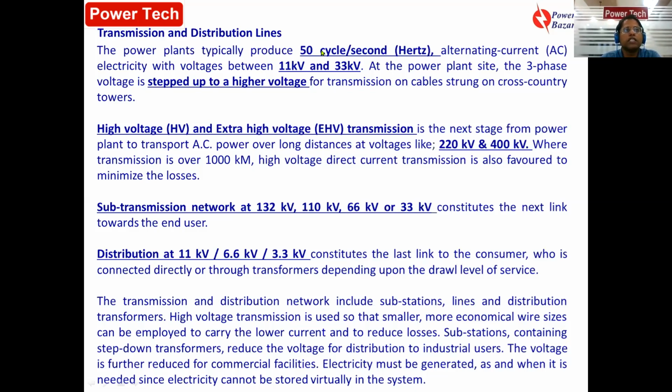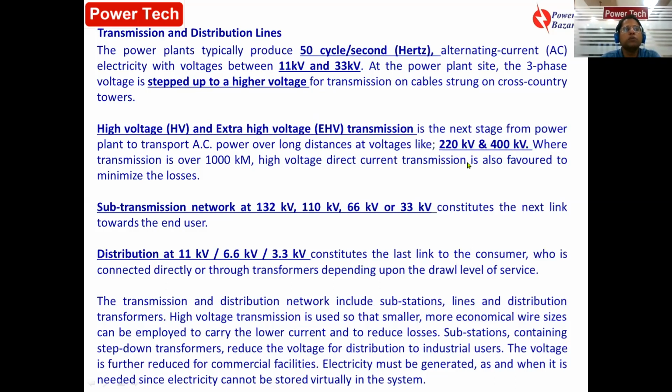So our system is 50 Hertz, alternating current and three-phase. But when you generate, it might be at 11 kV or 15 kV or 33 kV, which is stepped up to higher voltage. Now extra high voltage and high voltage transmission, HV and EHV, are used so that you can transmit energy from the thermal power plant over a long distance.